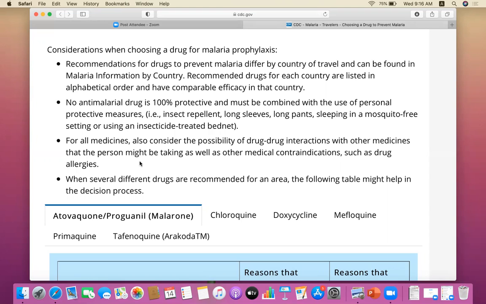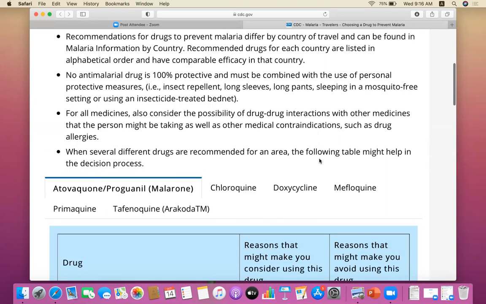For all medicines, also consider the possibility of drug-drug interactions with other medicines that the person might be taking, as well as other medical contraindications such as drug allergies.